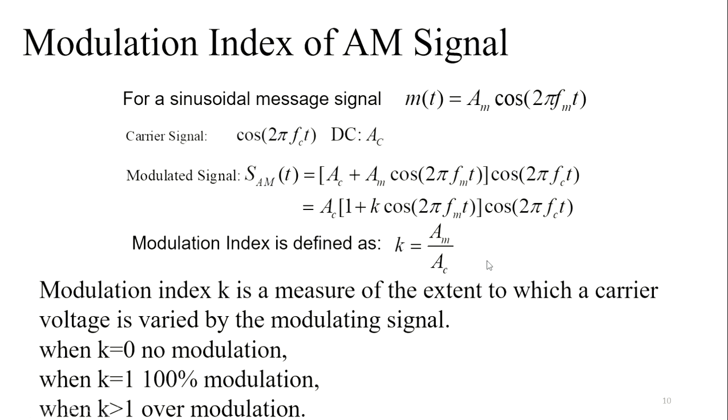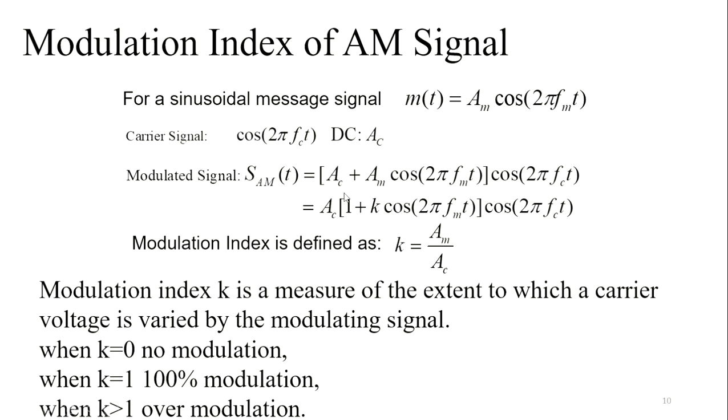Now, the modulation index of the AM signal. We already know the message signal is m(t) equal to AM cos 2 pi FM t. The carrier signal is AC cos 2 pi FC t. The modulated signal s(t) is equal to AC plus AM cos 2 pi FM t, times cos 2 pi FC t.